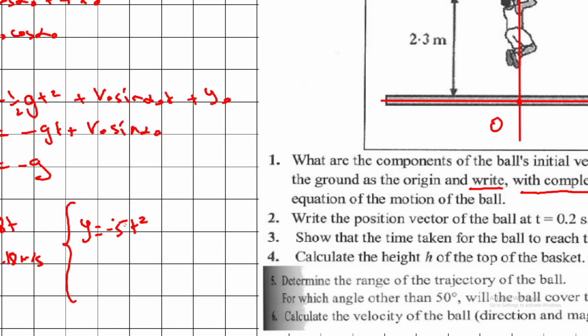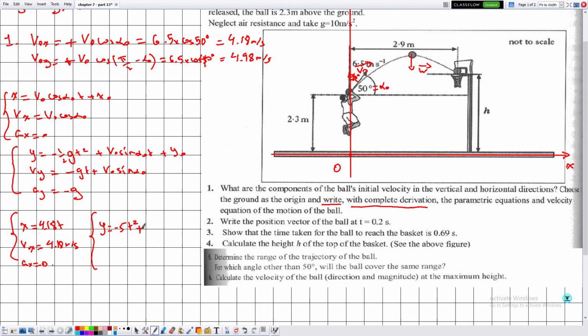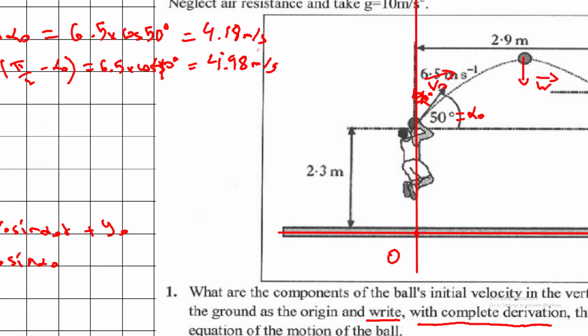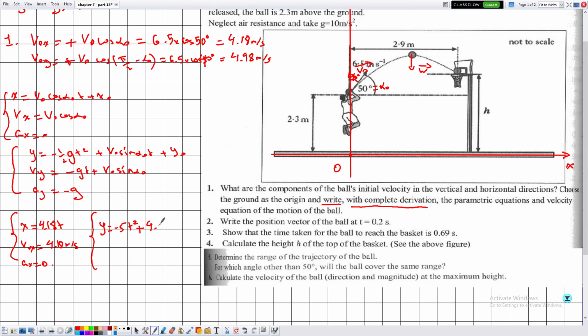Always in the case of projectile, this factor is given by minus 5t squared. As for v0 sine alpha, it is given by 4.98 t. As for y0, notice that here y0 is not 0 and it's given by 2.3.